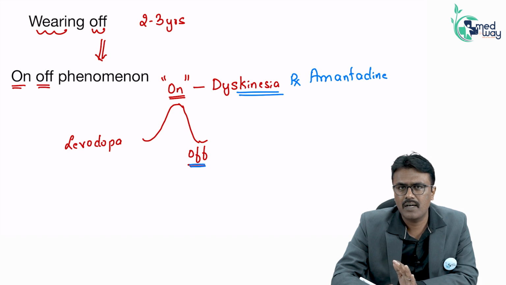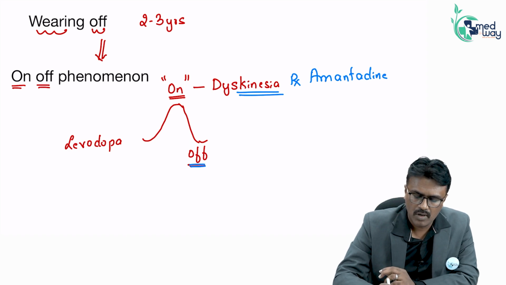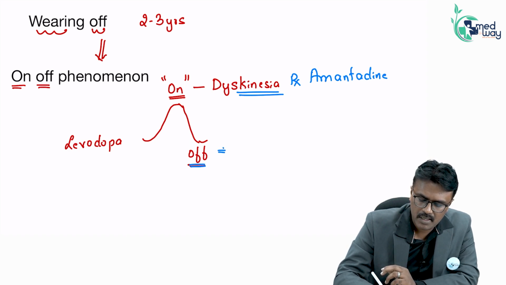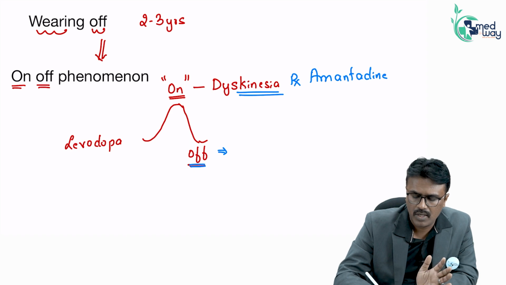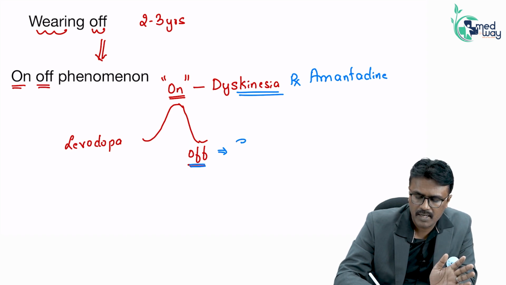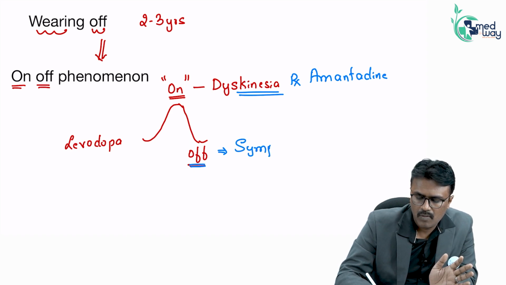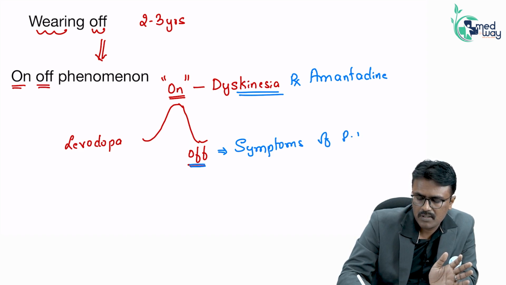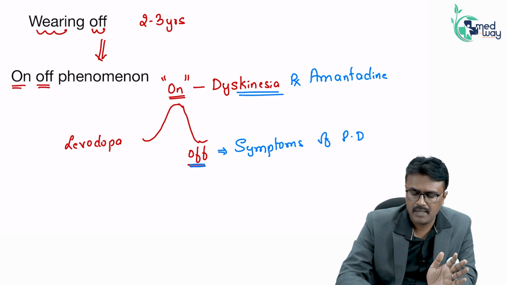Why is the drug not there? I told you, nobody is there to store the drug, and levodopa is very short acting. So in an off episode the patient has no dopamine in the brain, so he will develop the symptoms of Parkinson's disease. What are the symptoms? You know, the tremors, rigidity, bradykinesia.